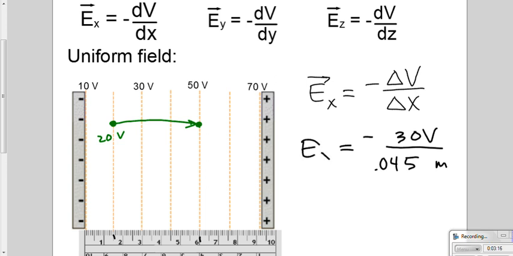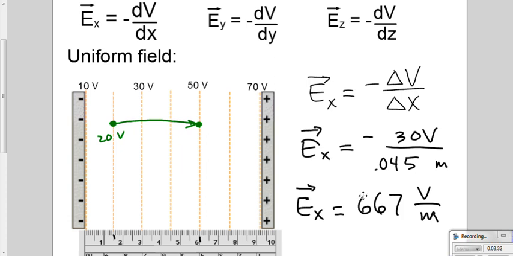I actually do that a lot. And then we'll do the calculation. And we're going to get about 667 volts per meter. And that is how strong the electric field is in the horizontal, or x direction.